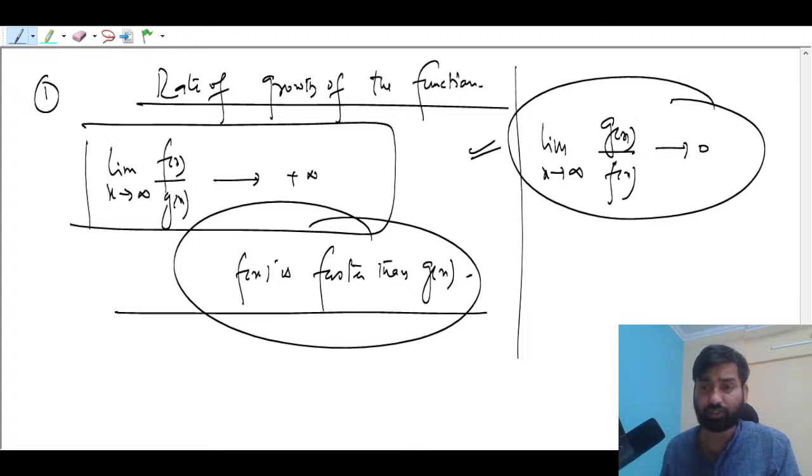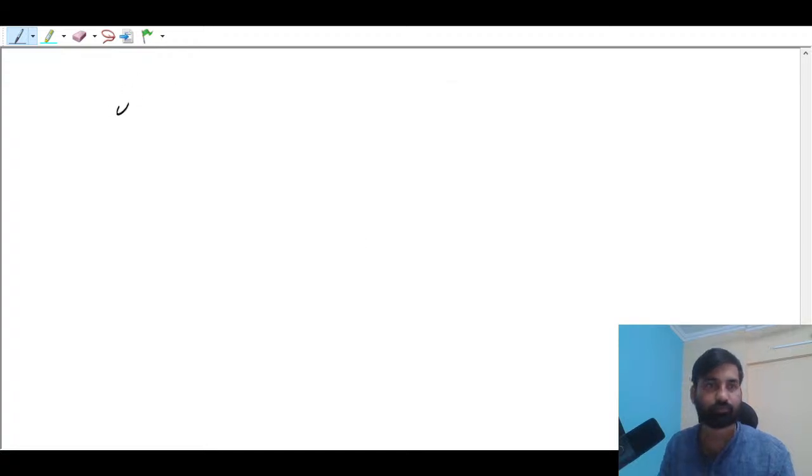And last time I told you there are some functions, we can say that we have the function like ln x, which is far slower. Then this is faster than ln x, right?